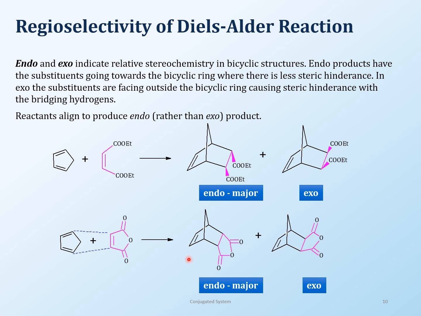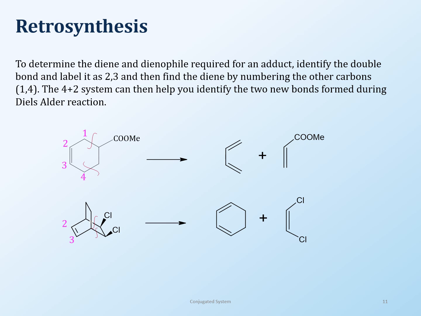So in both of these cases you have two products, and the endo is going to be the major product because of less steric hindrance. So that's another issue that you have with Diels-Alder reactions. Now again, you can reduce some of these issues, and otherwise the major product is endo anyway, right? So major means that you're getting your main product at least.